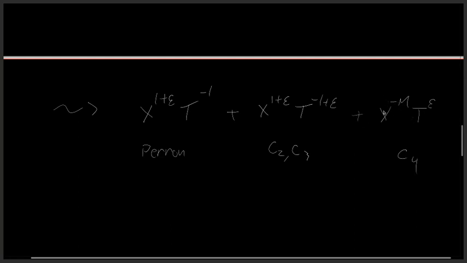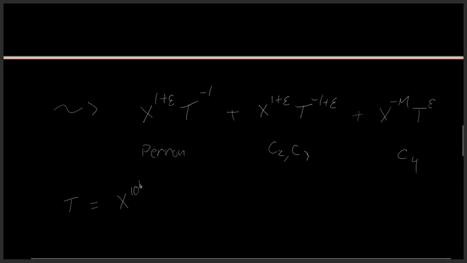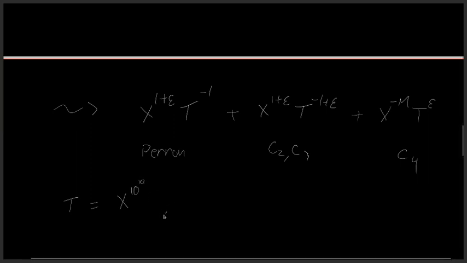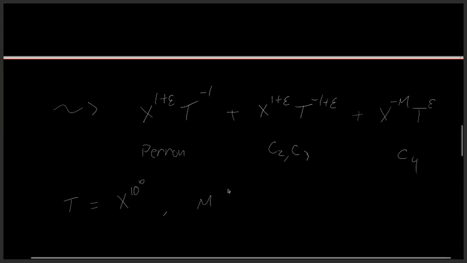And what we can do is we can just say, take T to be x to the 10 to the 10. It can be something completely enormous. And then take m sufficiently large, right?